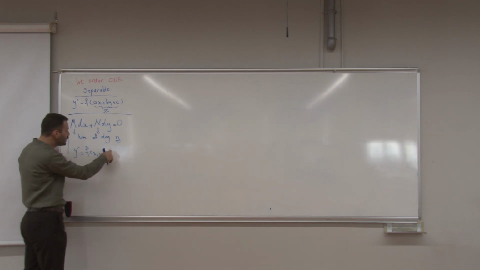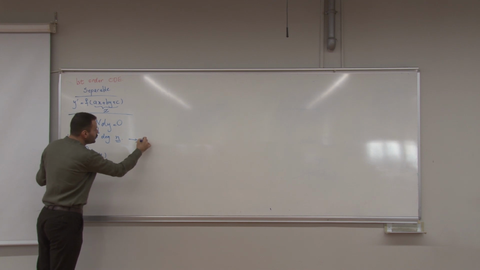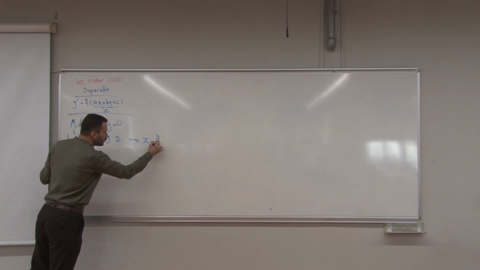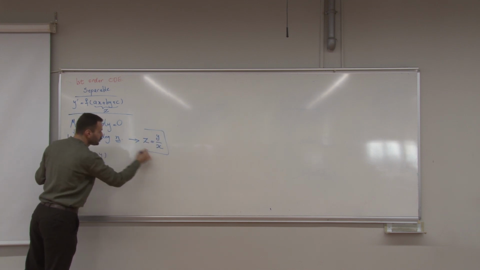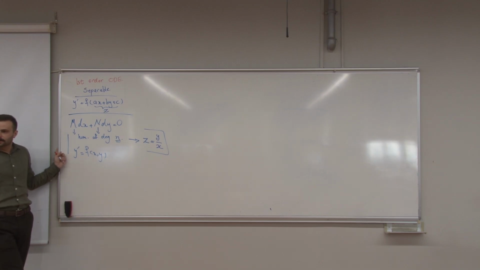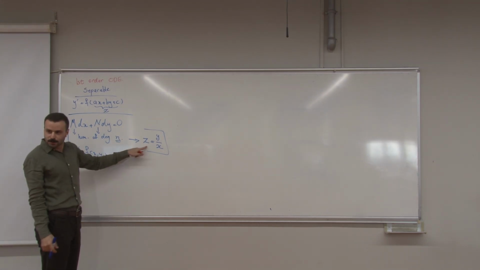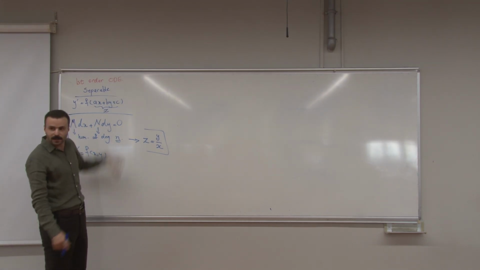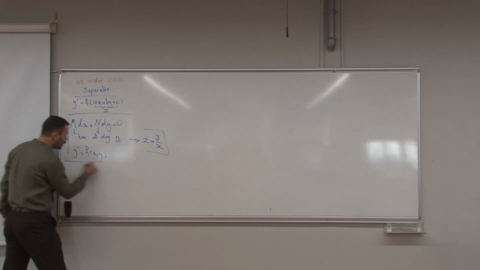In these cases, this change of variable y divided by x solves the problem. By this change of variable, we have proved that this turns into a separable problem and we can solve it.